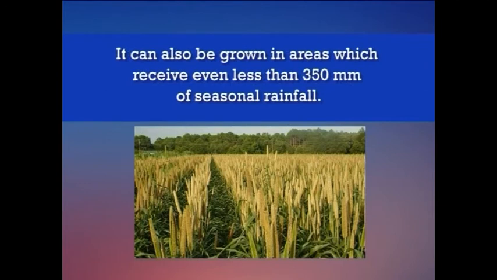But it can also be grown in areas which receive even less than 350 mm of seasonal rainfall. The rainfall at flowering time is harmful as it washes off the pollen and consequently there is poor seed setting. Usually, it is grown in those areas where it is not possible to grow sorghum because of high temperature and low rainfall.